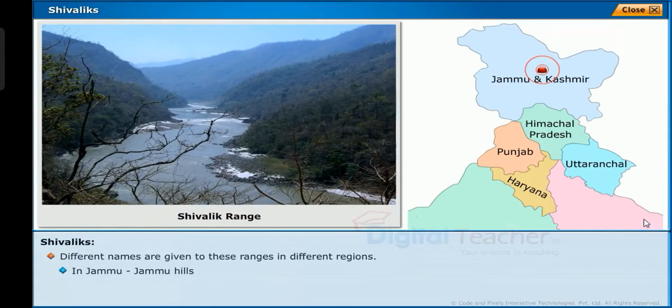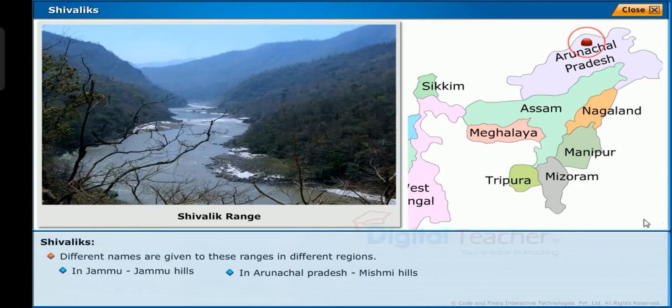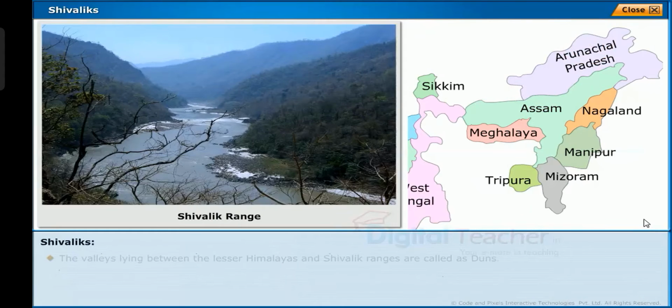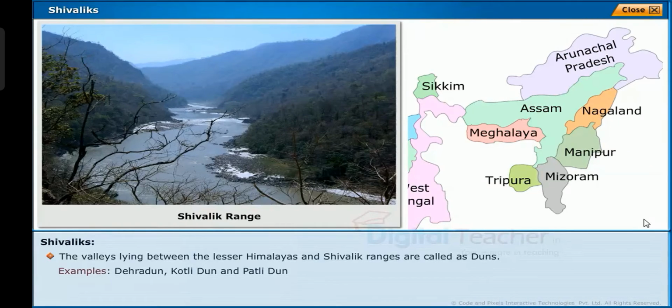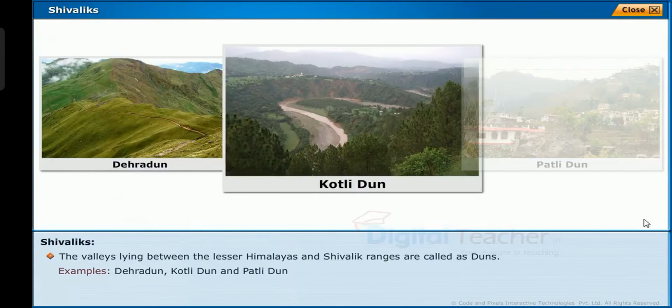In Jammu, Jammu Hills; in Arunachal Pradesh, Mishmi Hills; in Assam, Sachar. The valleys lying between the Lesser Himalayas and Shivalik ranges are called as duns. Examples: Dehra Dun, Kotli Dun, and Patli Dun.